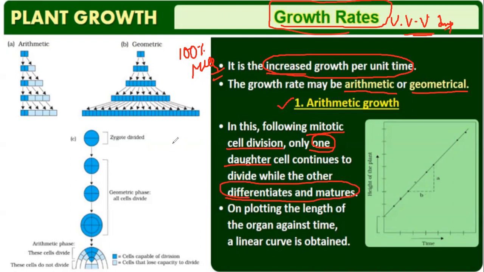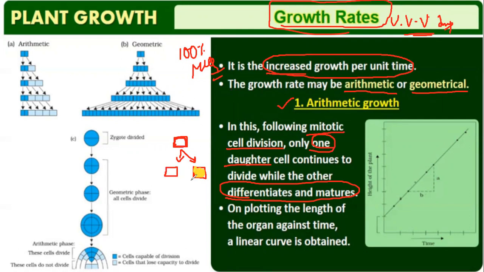Suppose we have a particular parent cell. This parent cell will divide into two. One of these cells becomes mature, or gets differentiated and becomes mature, while the other cell again divides.